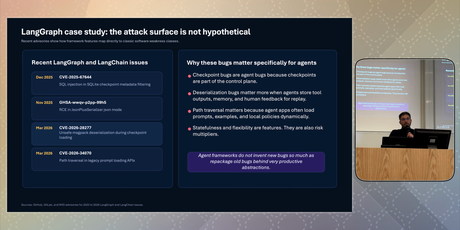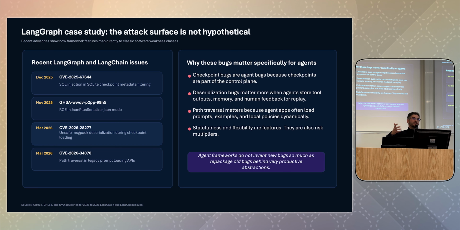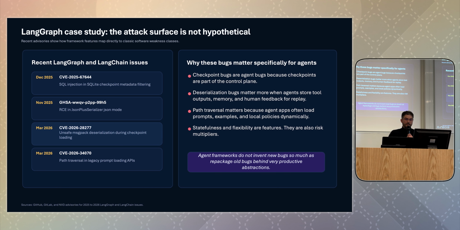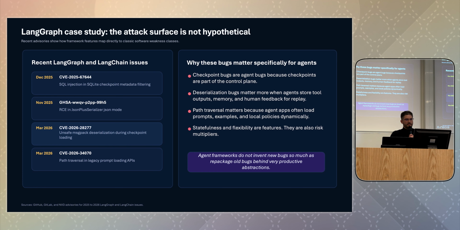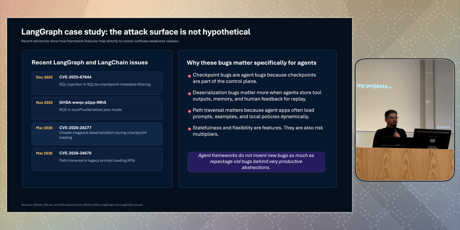And there have, of course, been vulnerabilities from SQL injection to serialization issues in LangChain. I mean, nothing wrong with LangChain. This is normal, and it's just examples of some things that have been going on in the ecosystem. Every time you put in some abstraction, there is a chance to get more bugs. But this is something we are putting into our existing, very complex software applications, so that needs to be taken into account.